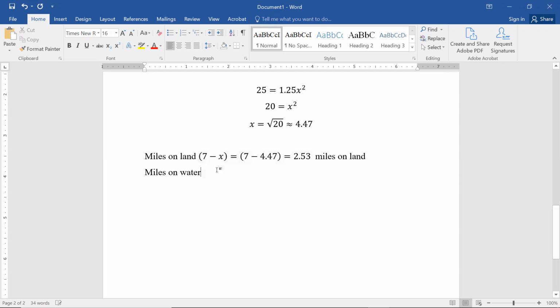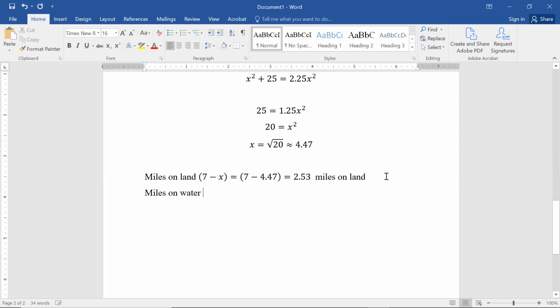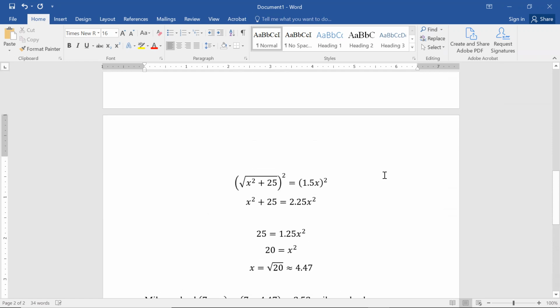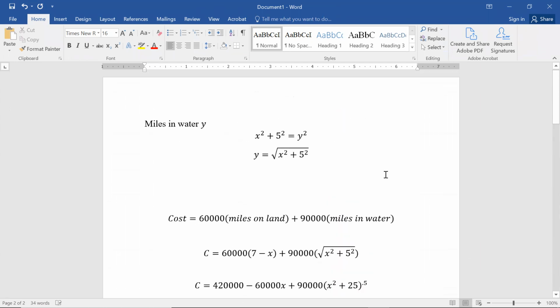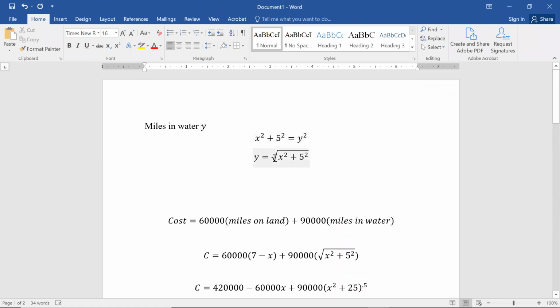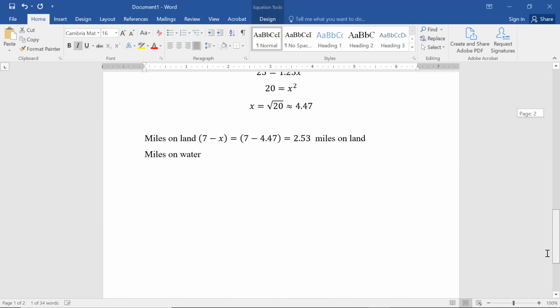So about 2.53 miles on land. If you wanted to be more specific, it's 7 minus square root of 20 miles on land. Miles on the water, well, remember, miles on the water is given to you by this equation. All you would have to do is compute that.